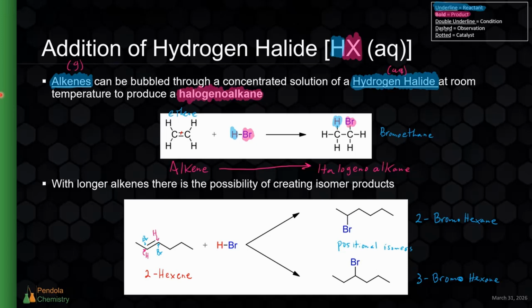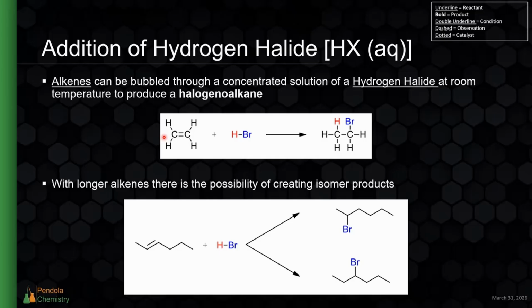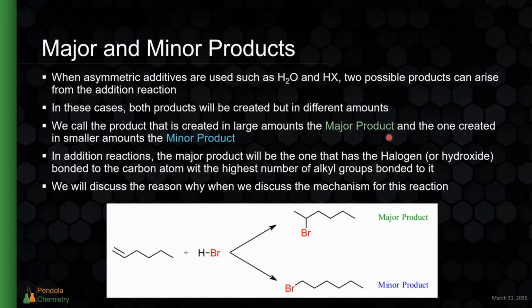Which leads us to a conversation about what in organic chemistry we call major and minor products. We already saw this with free radical substitution in section 14.2. We're now seeing it again in section 14.3, where we can get more than one organic product when we undergo a reaction.